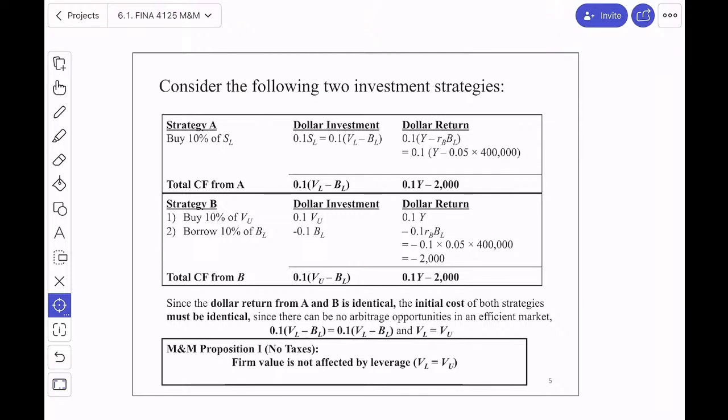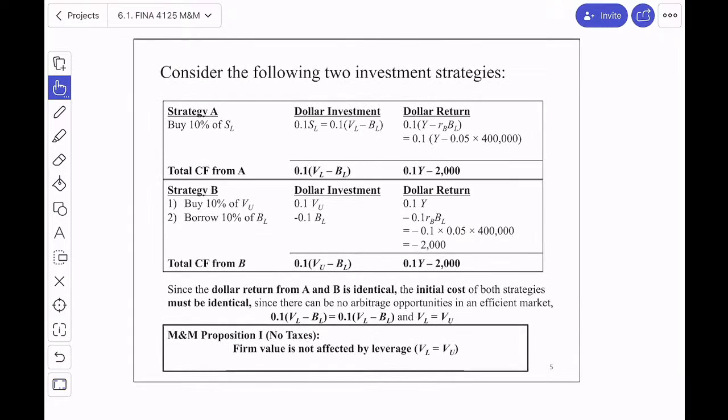Consider an investor in the firm with debt, the levered firm. That investor buys 10% of the value of outstanding stock. So that would be 10% of outstanding stock, right?